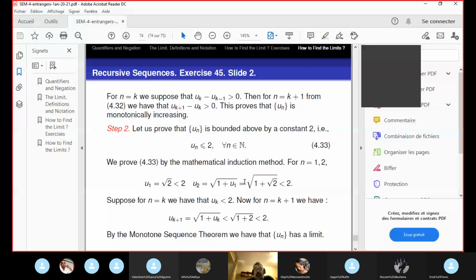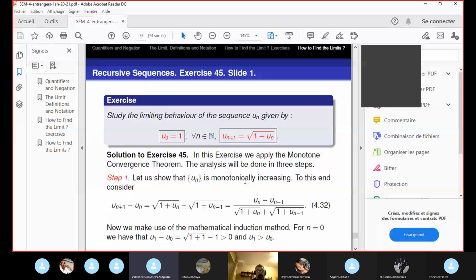As usual, if we are dealing with such kinds of sequences, in order to prove that our sequence is monotonically increasing, we make use of the mathematical induction method.